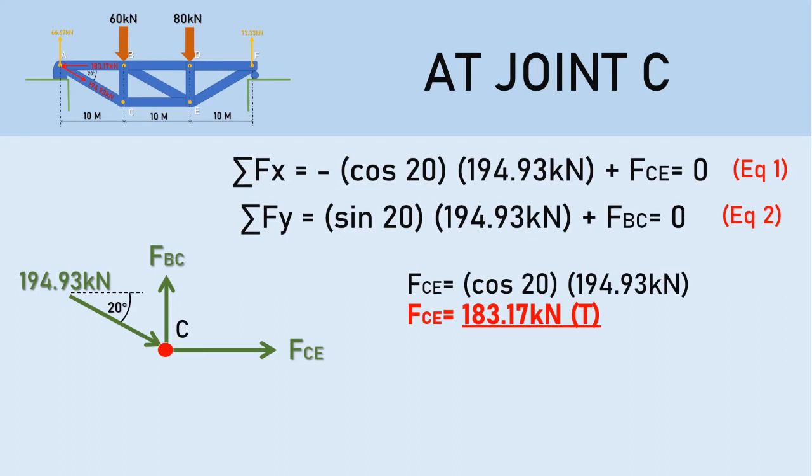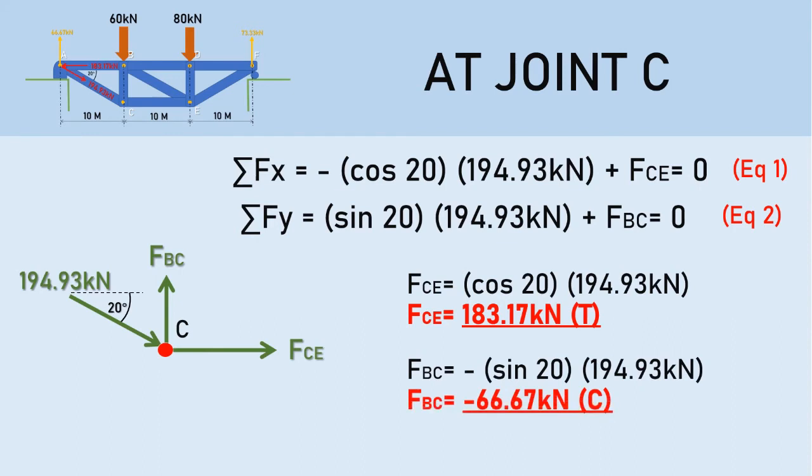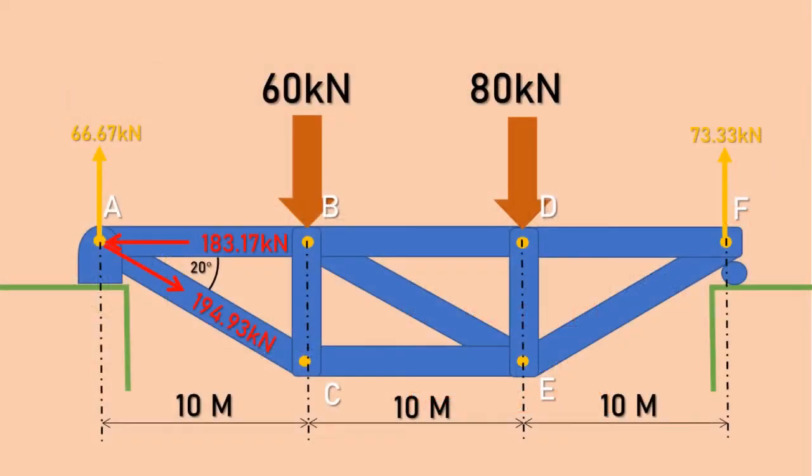Next, for Y direction, we have FBC equals to negative sine 20 times 194.93 kilonewton, which equates to negative 66.67 kilonewton. This one is in compression. Now, we only need 5 more unknown forces to solve. And since there are only 2 unknown forces in point B, we can move on to that joint.